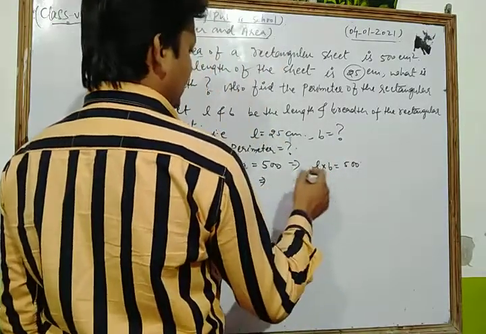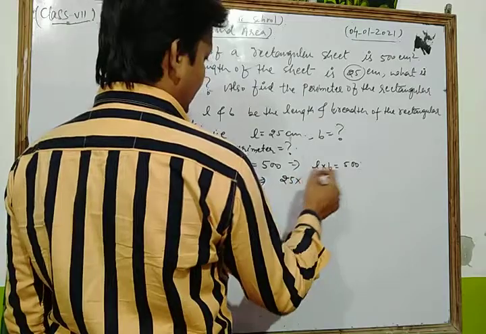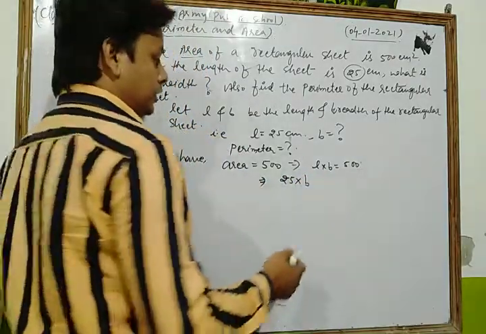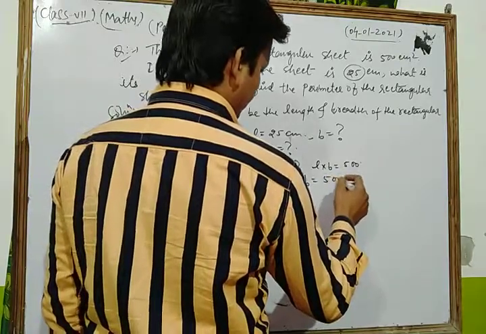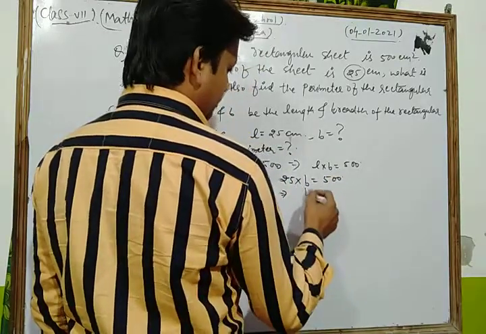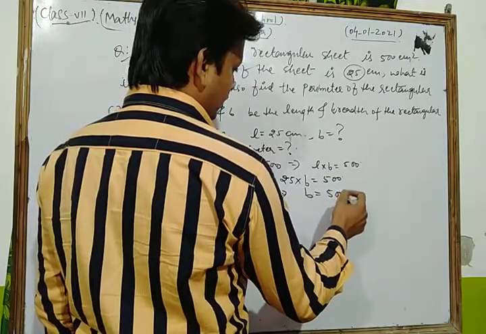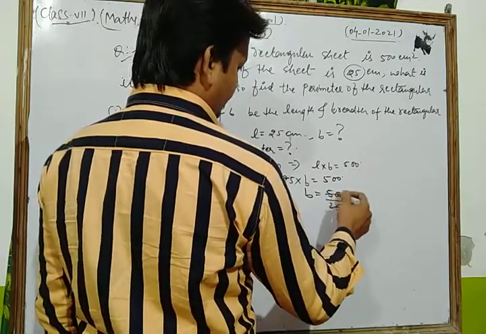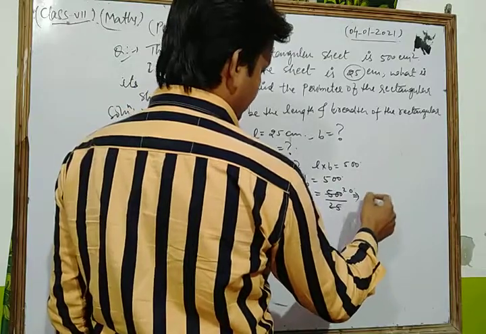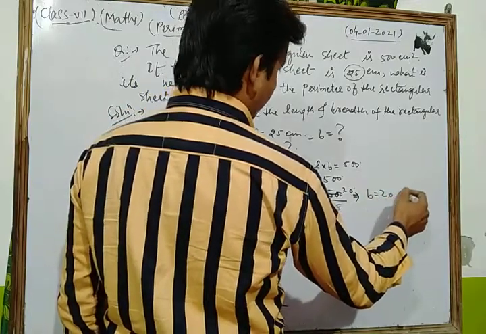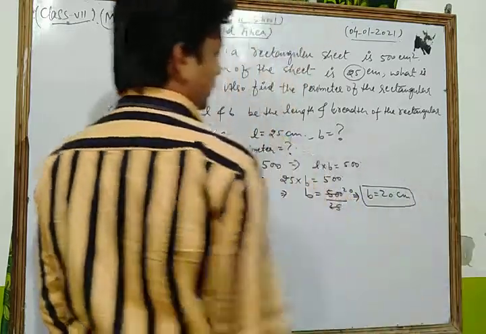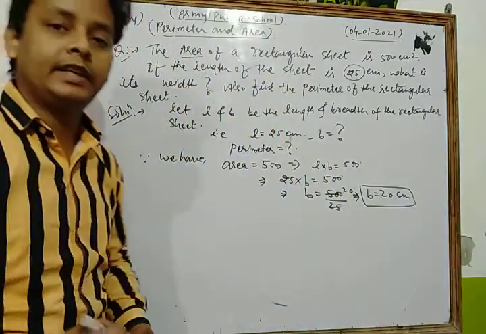We put length as 25 and keep breadth as it is, because we find the breadth of the rectangular sheet. So B is equal to 500 upon 25. Thus B is equal to 20 centimeter.